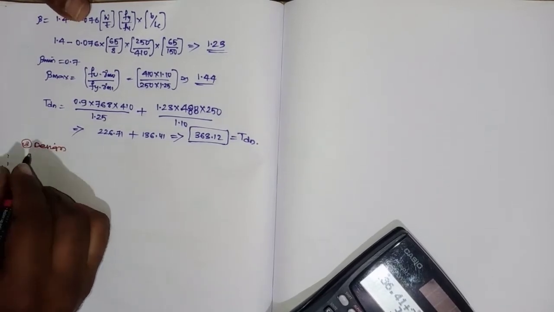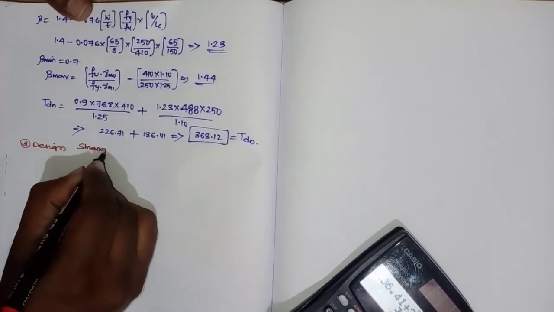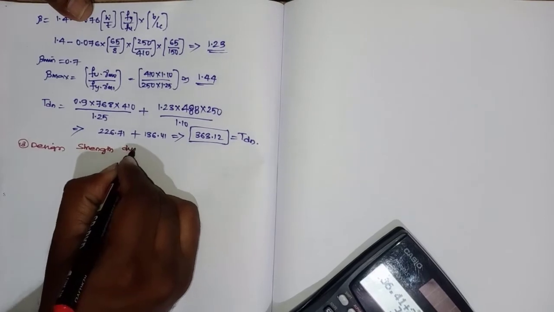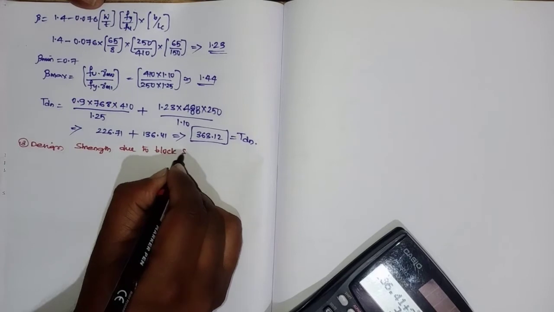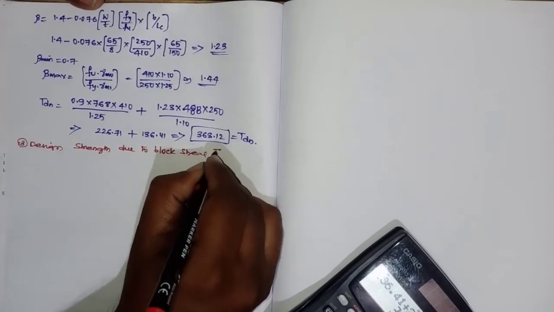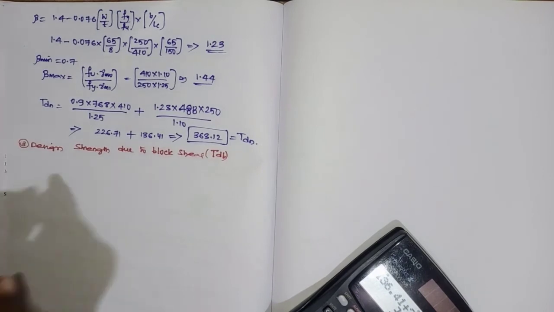Design strength due to block shear, that is TDB. Now here what are the formulas?